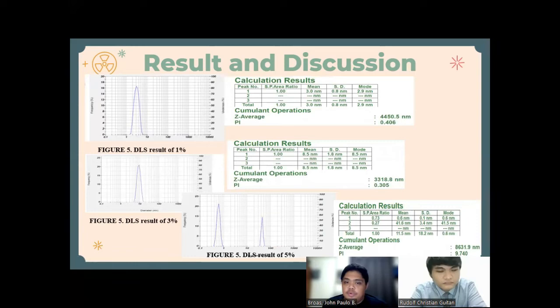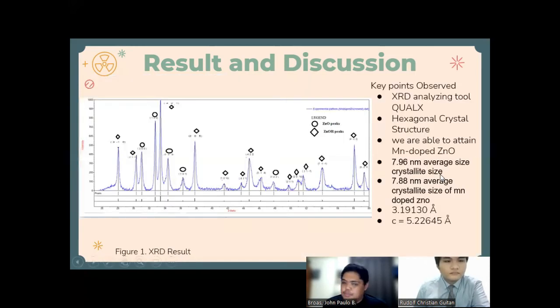This result also proves that direct agglomeration of particles happened, which helped prove the band gap found in the UV-Vis analysis. Since the PDI is less than 0.7 in the 1% and 3% samples, they have a narrow size distribution. But since in our 5% sample the PDI is greater than 0.7, it has a broad size distribution. It is evident that the Z average found in the 5% sample is the biggest of all the samples.